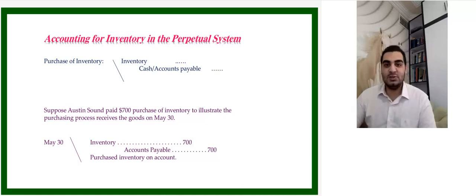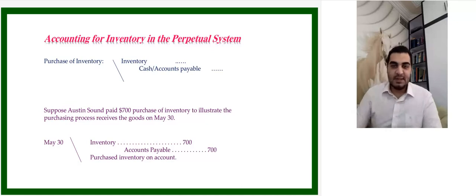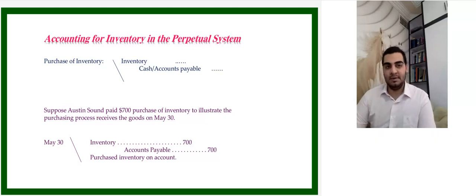It's an asset transformation. And this is an example as you see here. Suppose Austin Sound purchased $700 of inventory, to illustrate the purchasing process, and receives the goods on May 30th. So on May 30th, our inventory is debited for $700. And of course, our accounts payable is credited for the same amount.